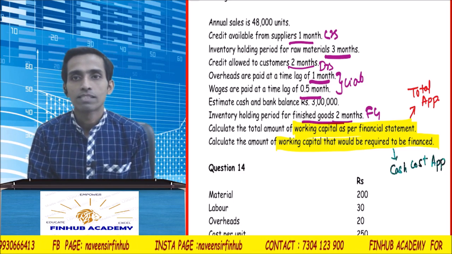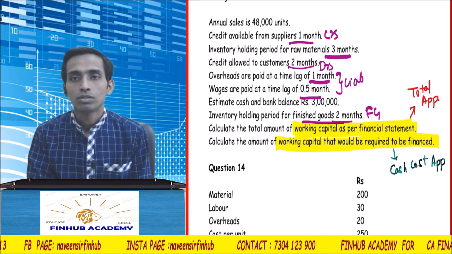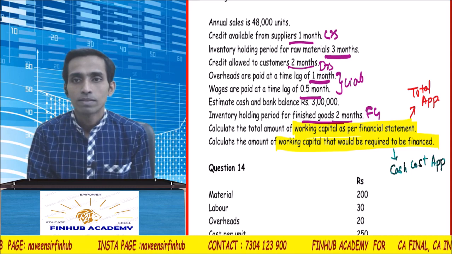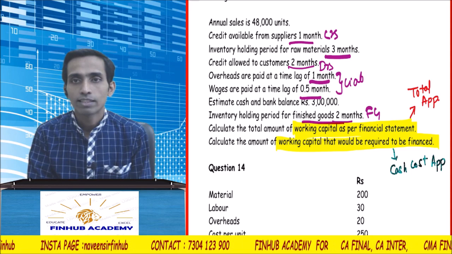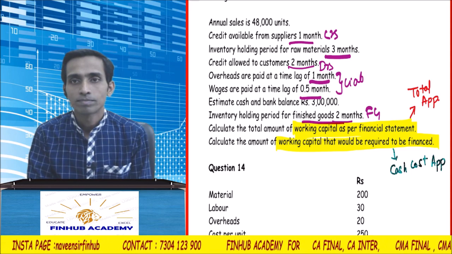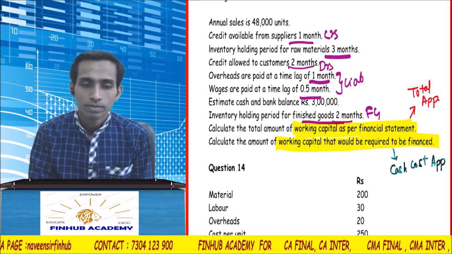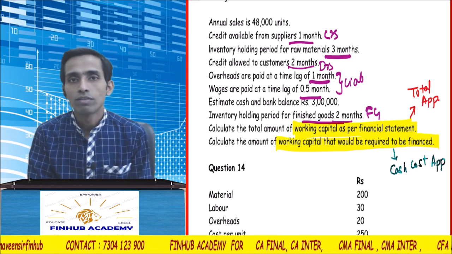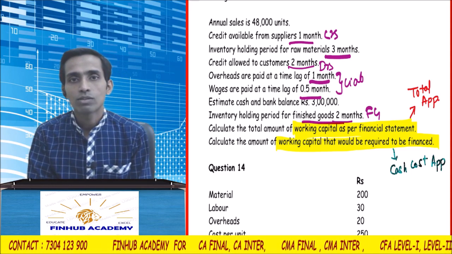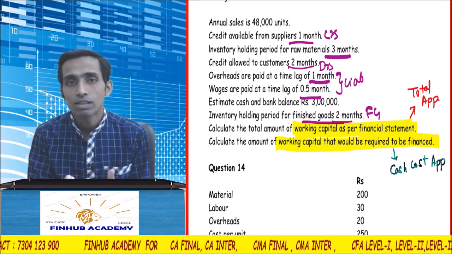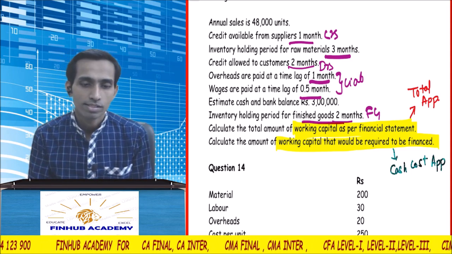Please write this down. Those who have a textbook can write in the textbook, and those who have a notebook can write in the notebook. This sum we have to solve by both approaches, simultaneously, so we understand the difference between the two approaches.